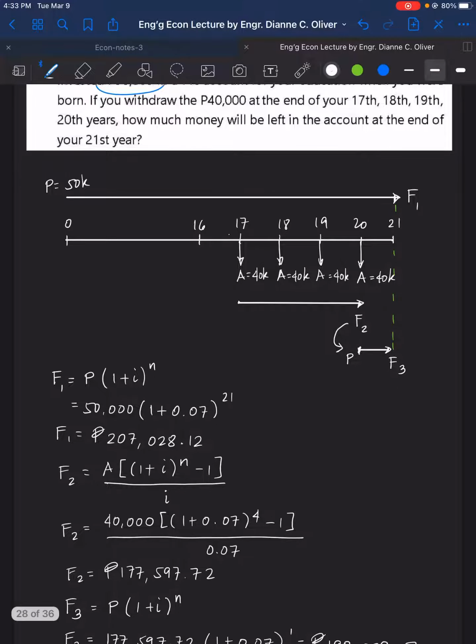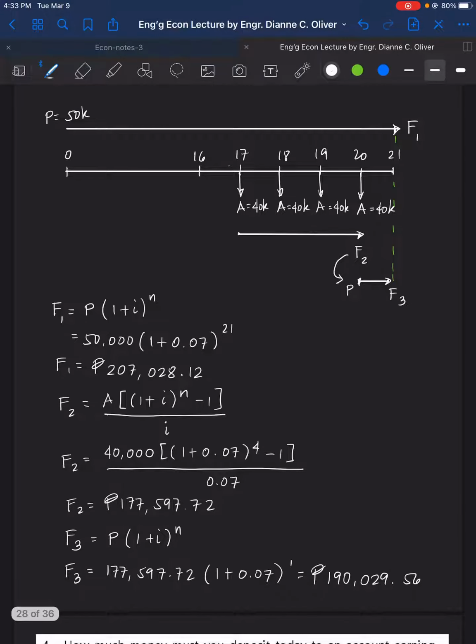Now to get the money left, it's asking how much money will be left in the account at the end of your 21st year. So money left is equal to F1 minus F3. F1 is 207,028.12 pesos minus 190,029.56 pesos.